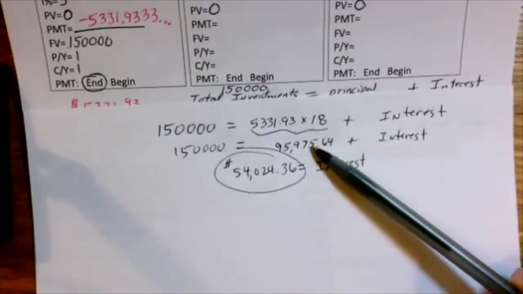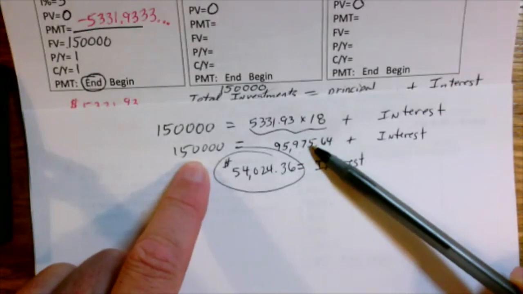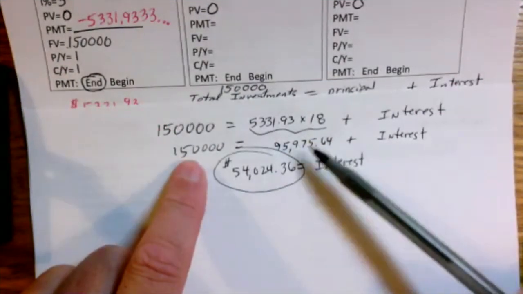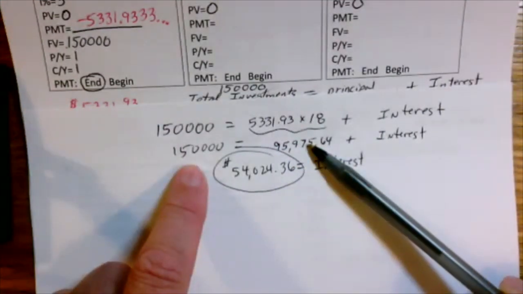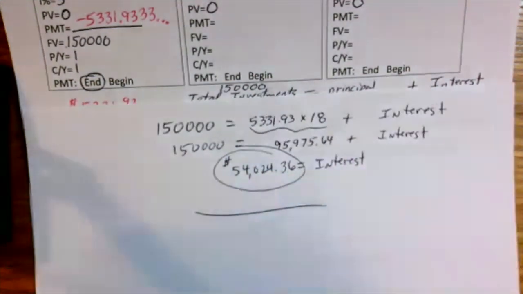But at the end of the 18 years, the account had $150,000 in it. So if this is what we contributed, the 96,000, then the rest of it must be interest to make up the 150,000. So you just do a subtraction. This is part B that they want in each problem.